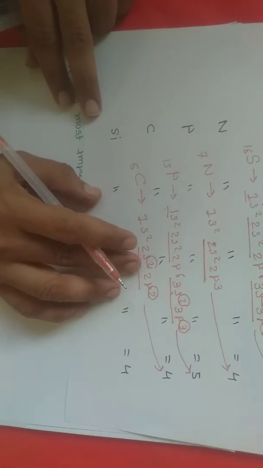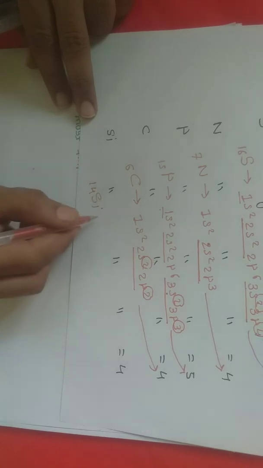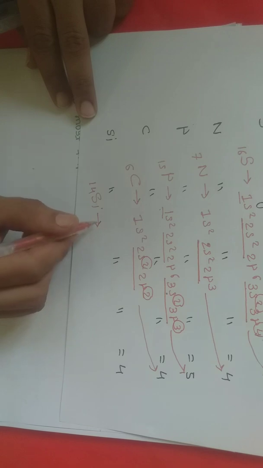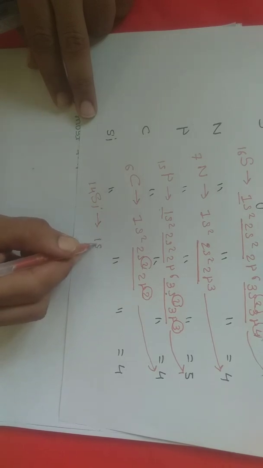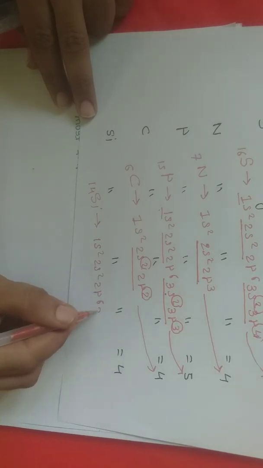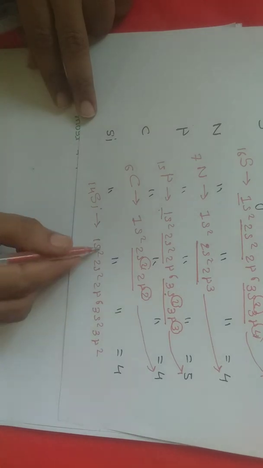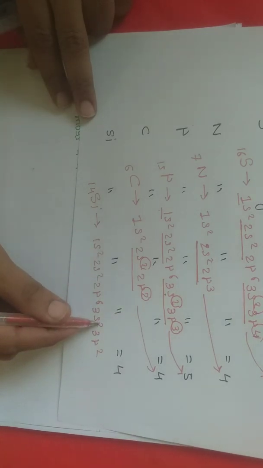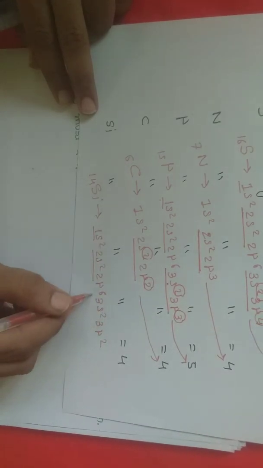Similarly, if you go with silicon, its atomic number is 14 and the electronic configuration is 1s2, 2s2, 2p6, 3s2, 3p2: 2, 4, 6, 10, 12, 14. Again, this is the first energy level, second energy level, and the third energy level.